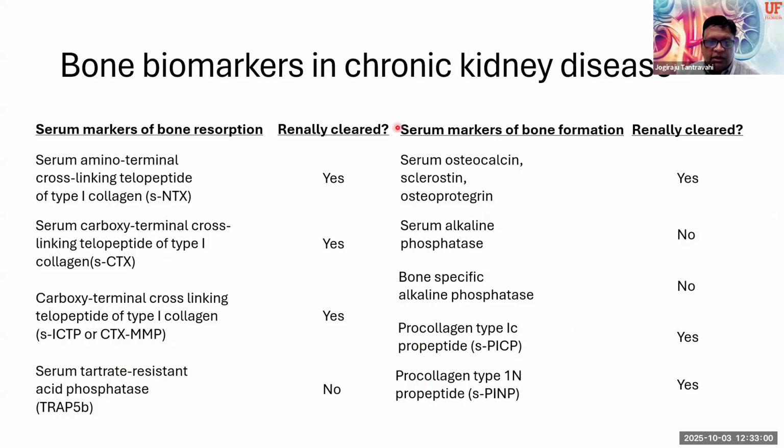Okay? As you can see, a number of these have renal, including hemodialysis clearance. So their reliability is somewhat suspect, okay? And this particular biomarker, serum tartrate-resistant acid phosphatase, is completely unavailable as a clinical test. It is a research test, but completely unavailable as a clinical test, okay?